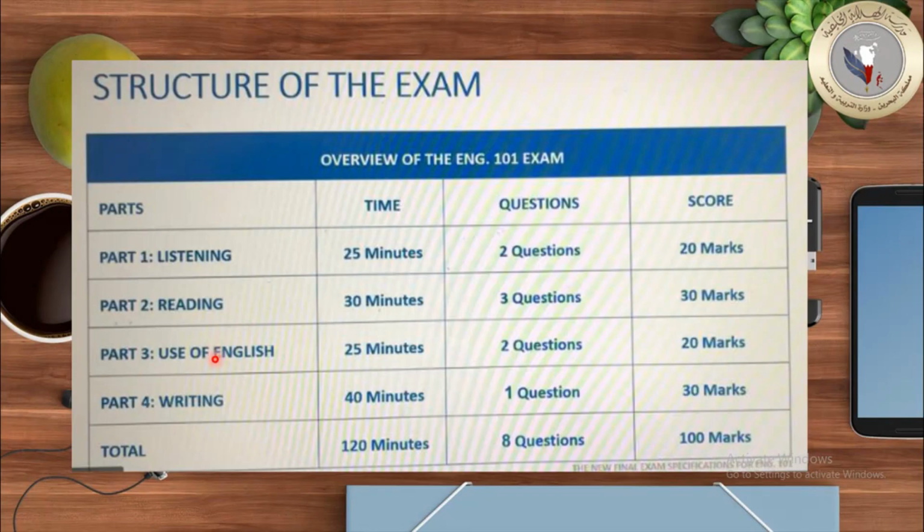The use of English has 2 parts, vocabulary and grammar or structure, and we had just now 2 models of them. We have 2 questions. Each question is about 10 marks. Total is 20 marks. And the last one, we have only 1 writing task out of 30 marks.